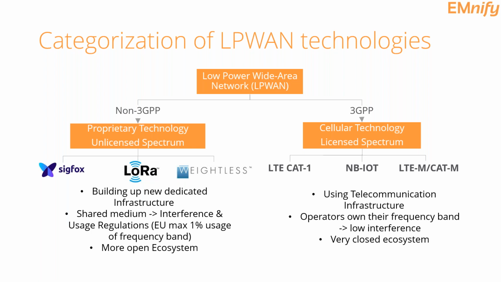They need to rely on unlicensed spectrum, which is shared between other technologies, like maybe Wi-Fi or even push-to-talk communication. So that puts a burden on these proprietary technologies. One is interference, because they are not the only ones using this spectrum.